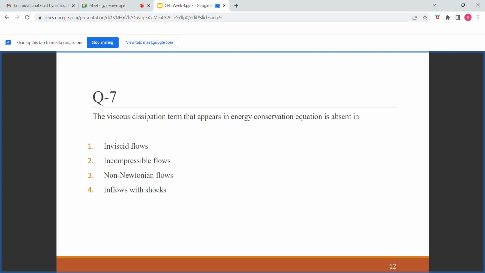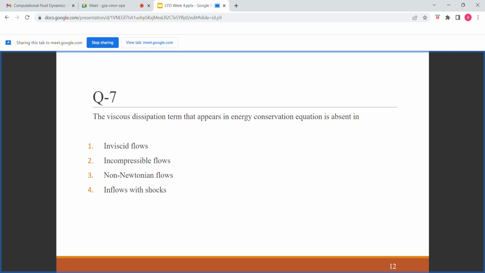Inviscid flows are where the viscosity effects would not be there. In the second option, incompressible flows, density changes would not be there. Non-Newtonian flows are those fluids that do not obey Newton's law of viscosity, where there would not be a linear relation between stress and shear rate.